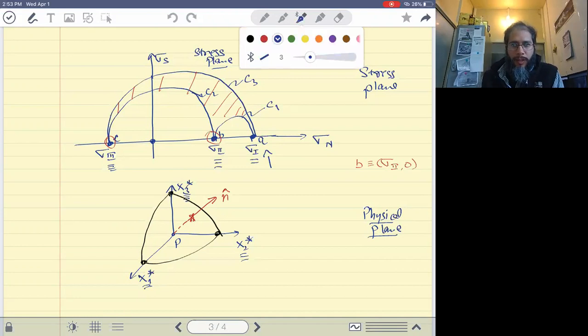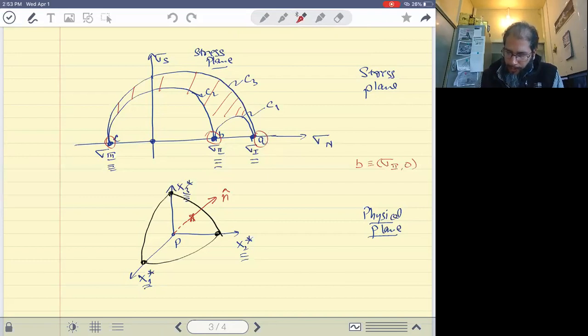Okay. So now let's go back to our points small a, small b, and small c. So if I take my point small a, then that will correspond to point capital A, which is this one. Okay. So what that means is that, now we'll denote the normals as capital points piercing out to the sphere or cutting the sphere at certain points.